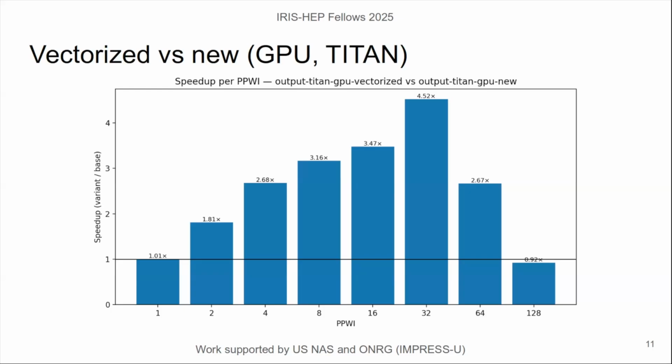Firstly we thought that vectorization made our performance worse, but on big runs we can now see that actually with vectorization by PPVI we have a speedup from 2 to 4 for different PPVIs.